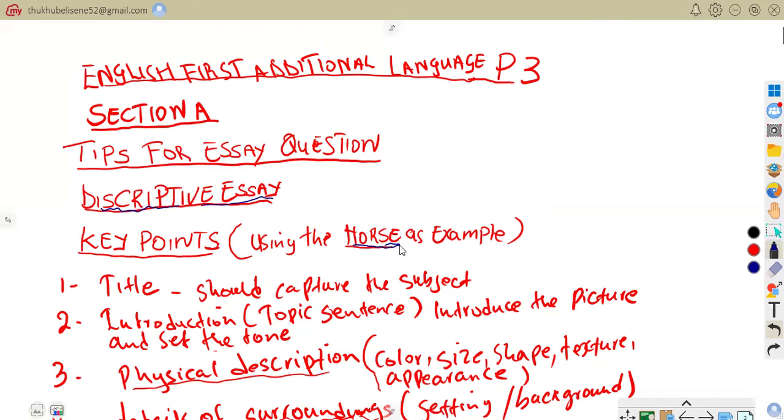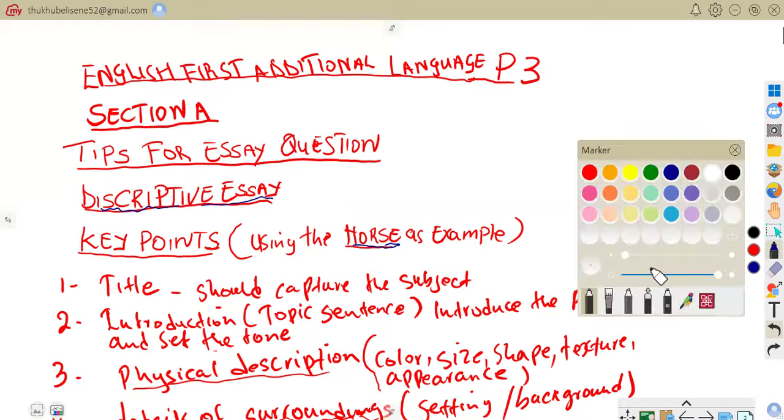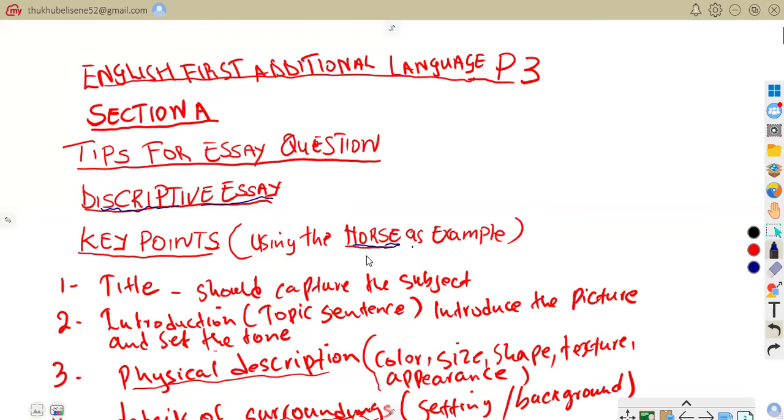Now we're going to look at the key points that are very important when writing a descriptive essay where you are given a picture and you're to write an essay about that picture. We're using the horse as an example, as the picture that is given, and then we have to write about the horse. Hope we are together.